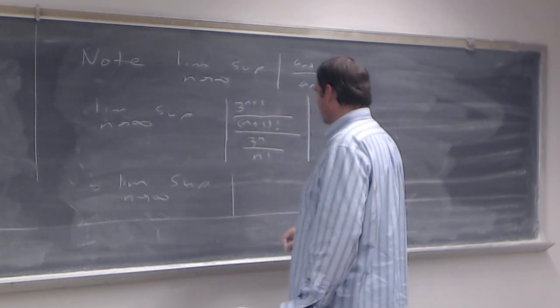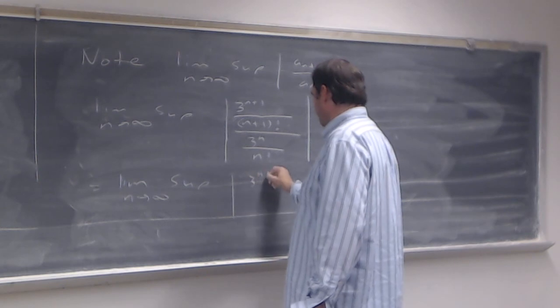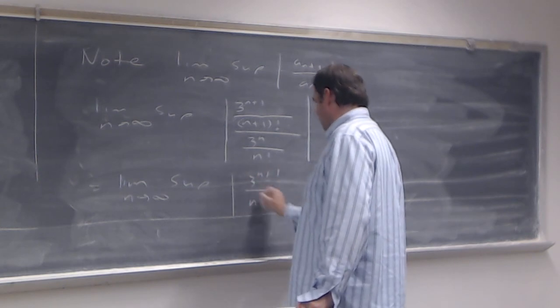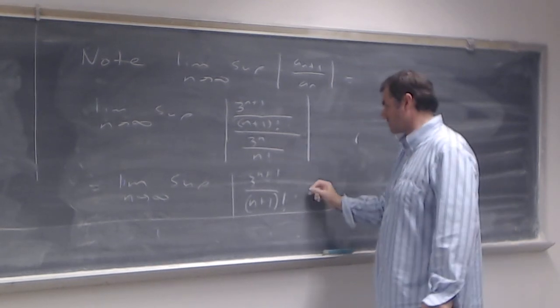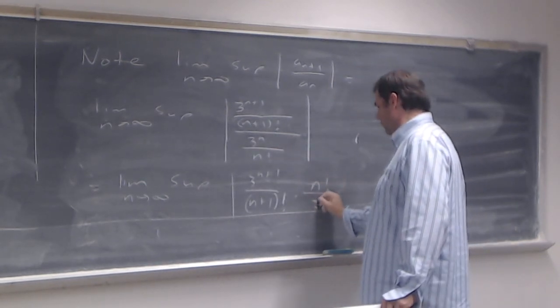Here we have the absolute value of 3 to the n plus 1 over n plus 1 factorial times the flip, of course, of this other fraction. So I'd have n factorial over 3 to the n.